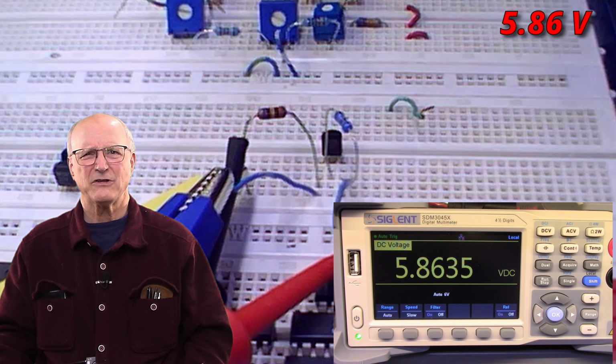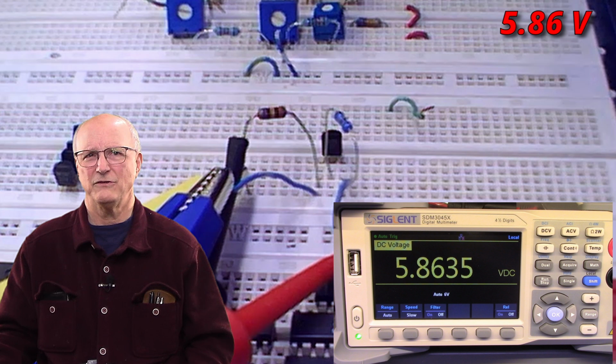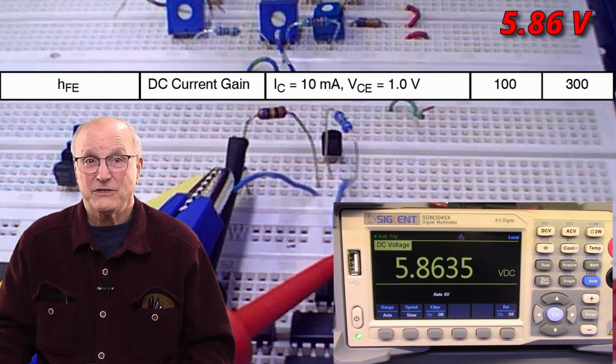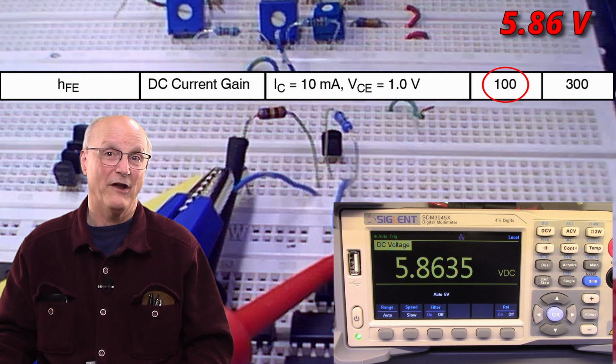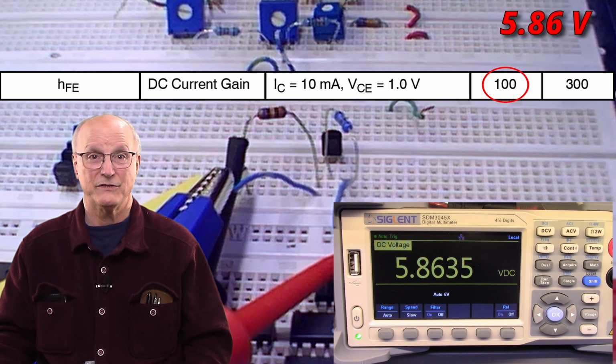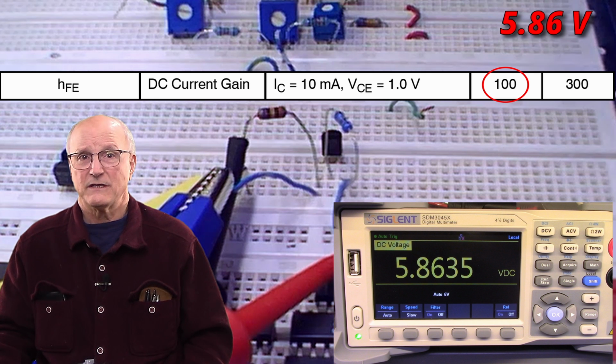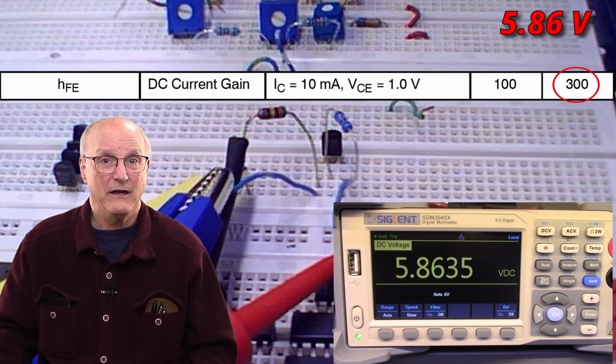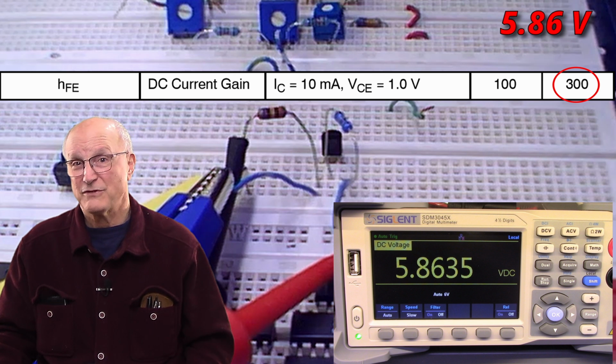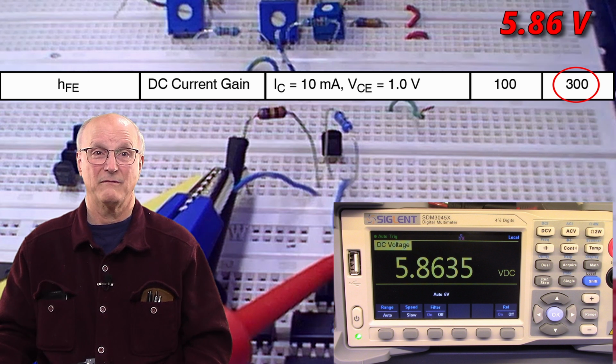But what happens if the transistor we happen to get doesn't have a DC current gain of 200? I mean, the data sheet says it could be as low as 100, which is half of what we used here. But it also says that it could be as high as 300. That's 50% higher than what we used here.